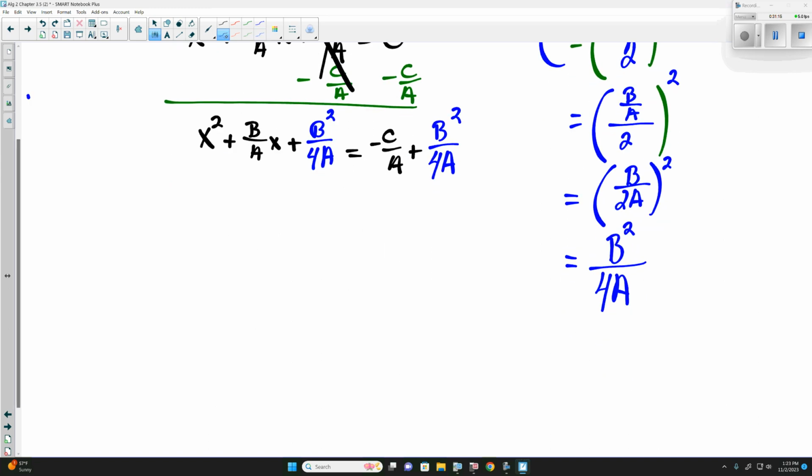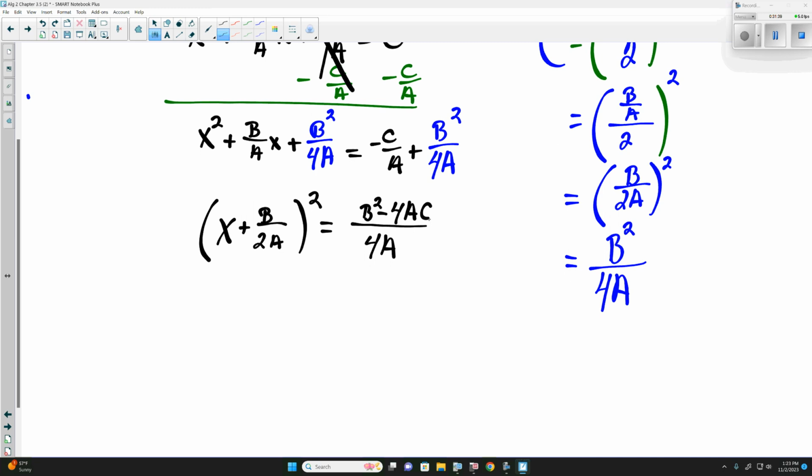At this point, we would factor into a set of parentheses squared. We'd have x inside the parentheses, and before we squared it, it was b over 2a, and it is positive. If we combine like terms, we would have 4a squared on the bottom, and on top b squared minus 4ac.